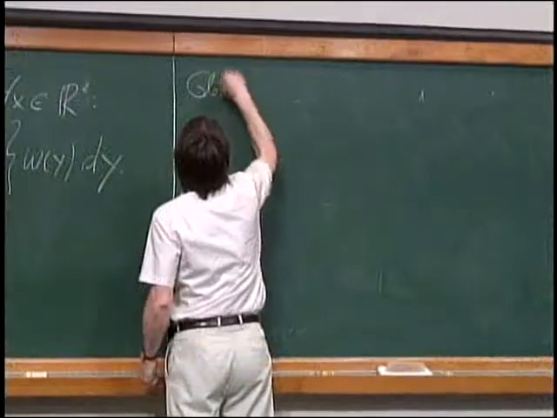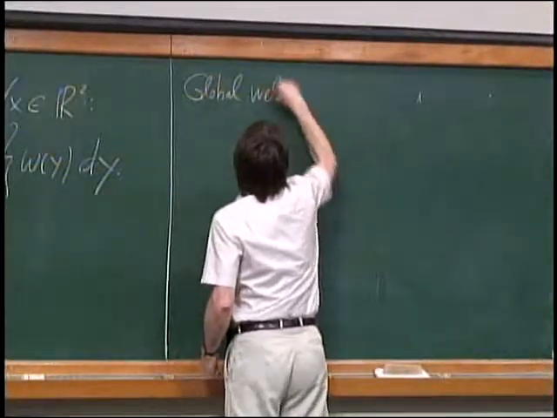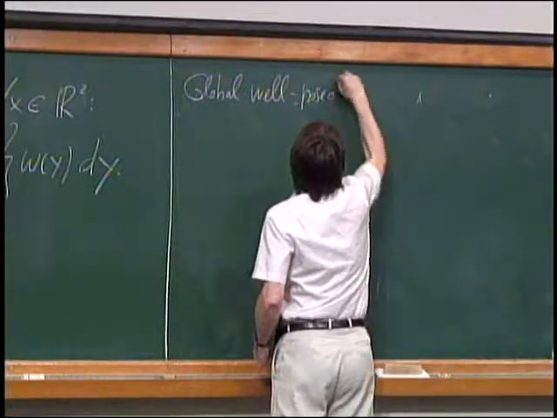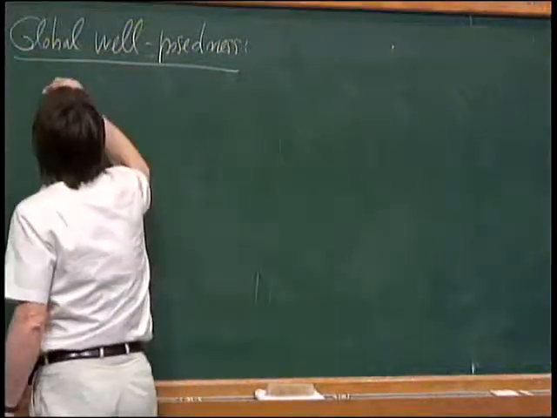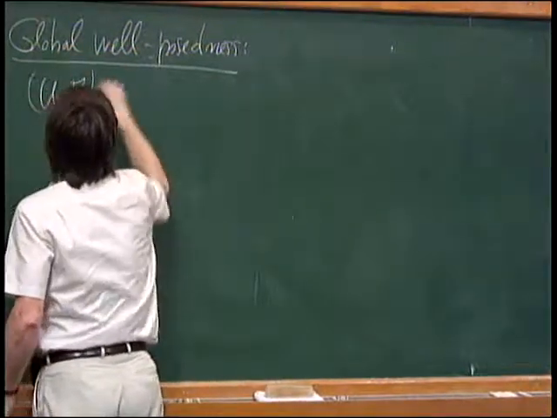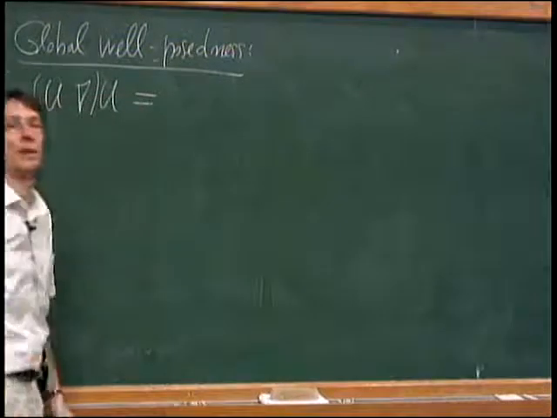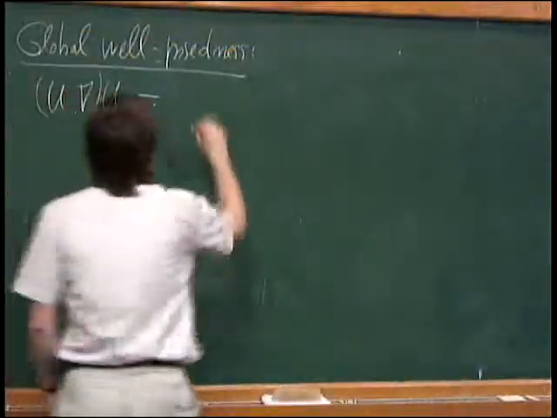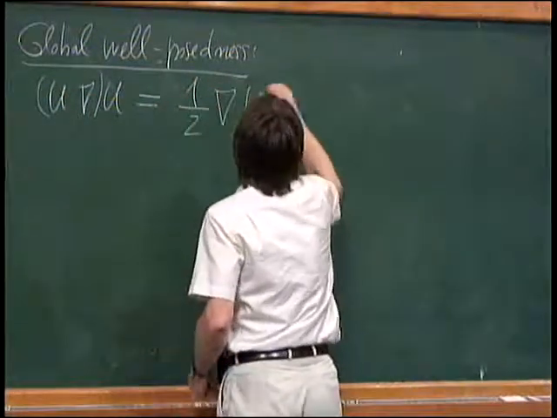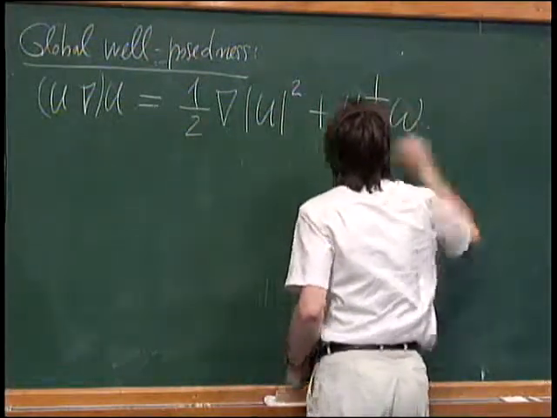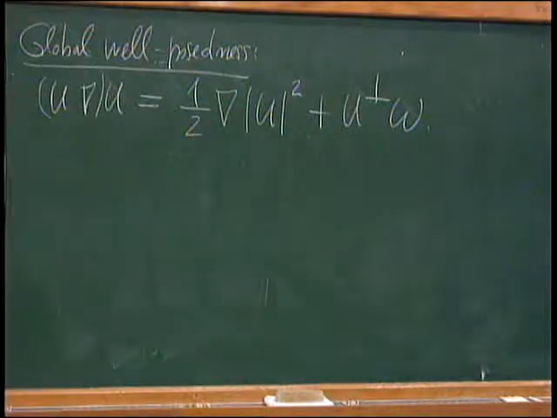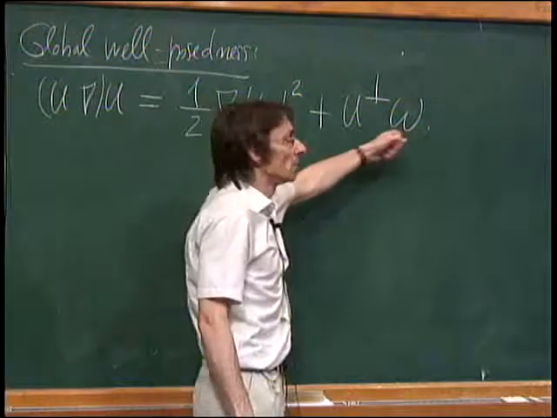So for the global well-posedness, you can make the following remark, is that you use the identity that u dot gradient of u, which is part of the nonlinearity in the Navier-Stokes equation, is 1/2 gradient of modulus of u squared plus u orthogonal applied to omega. This is again true for any two-dimensional divergence-free velocity field if omega is the curl of u.